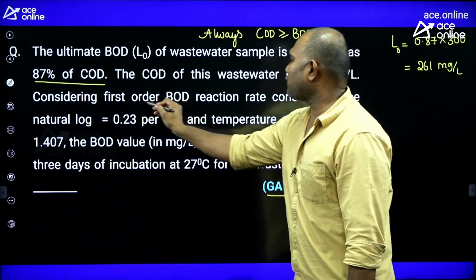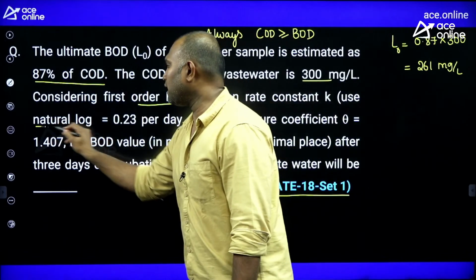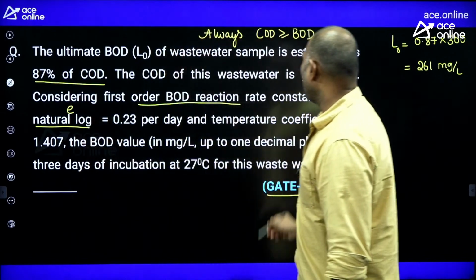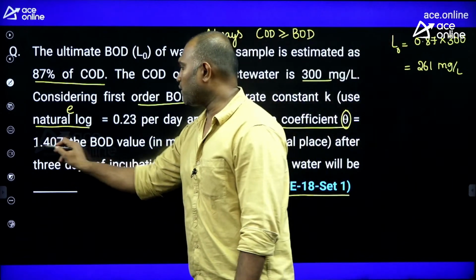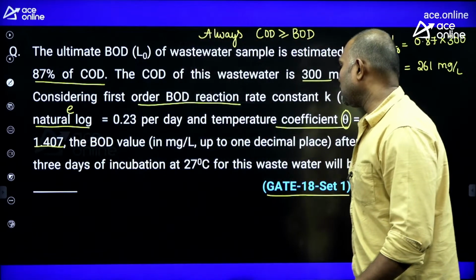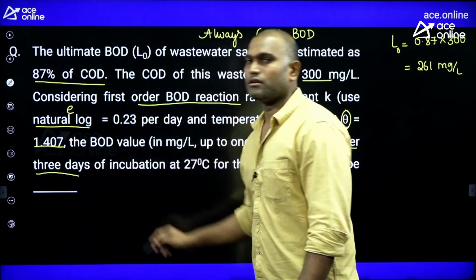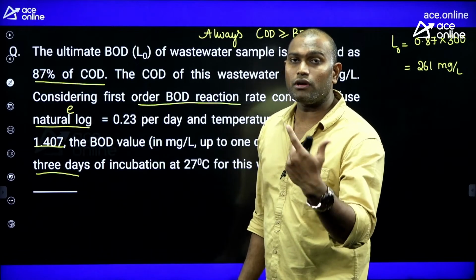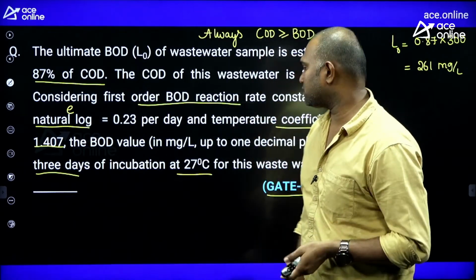Now, considering the first order BOD reaction rate constant, use natural log. Again, natural log means e. And temperature coefficient, see they have given the temperature coefficient theta 1.047. The BOD value up to 1 decimal after 3 days of incubation. So how much amount will be consumed in 3 days? At what temperature? 27 degrees centigrade.